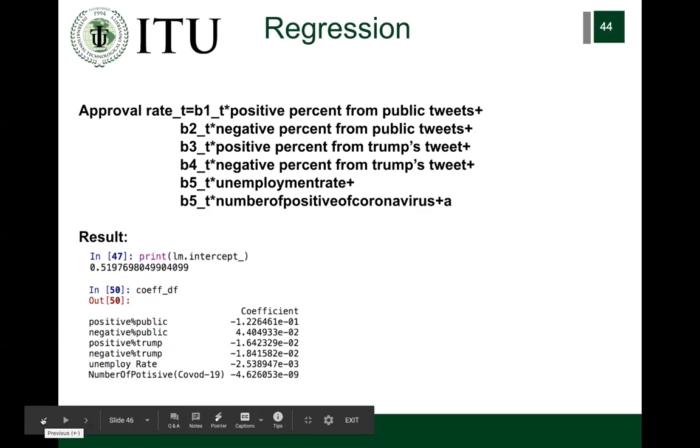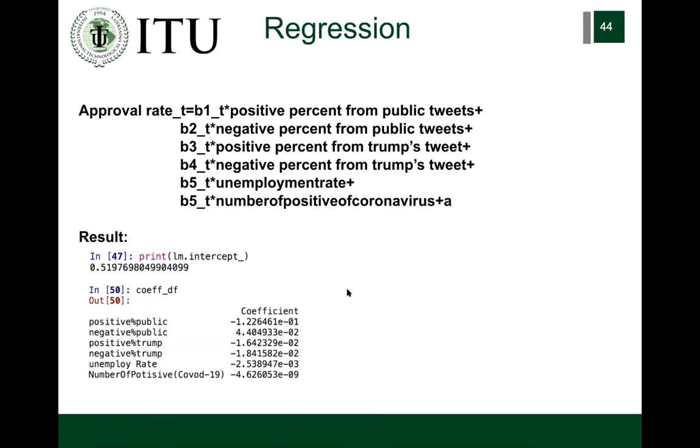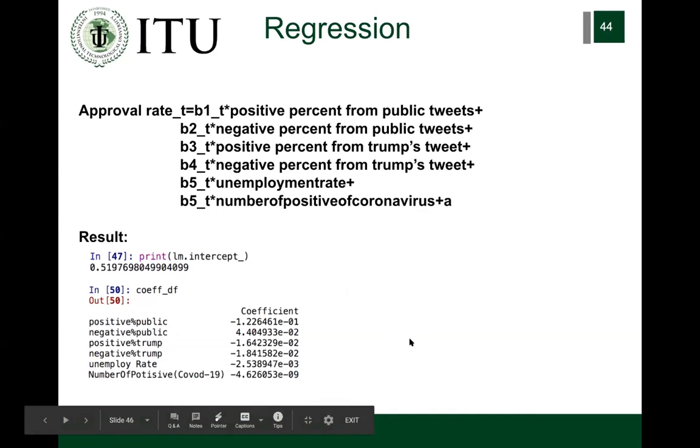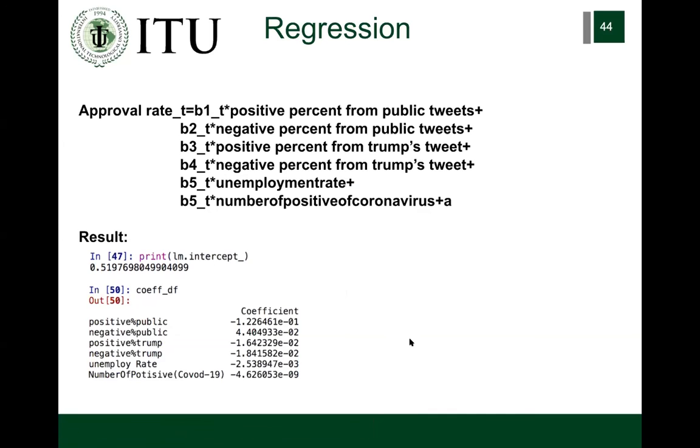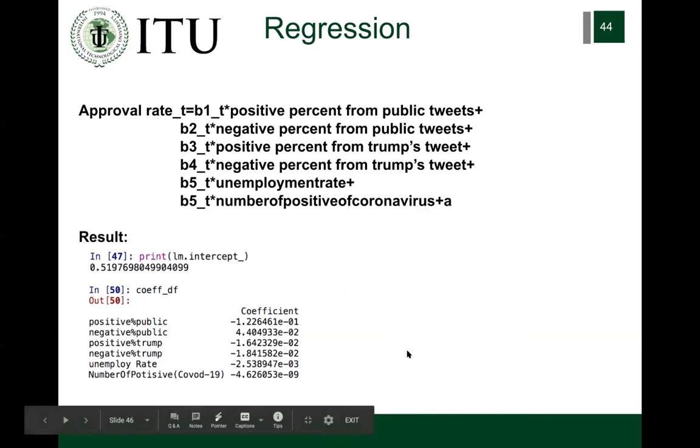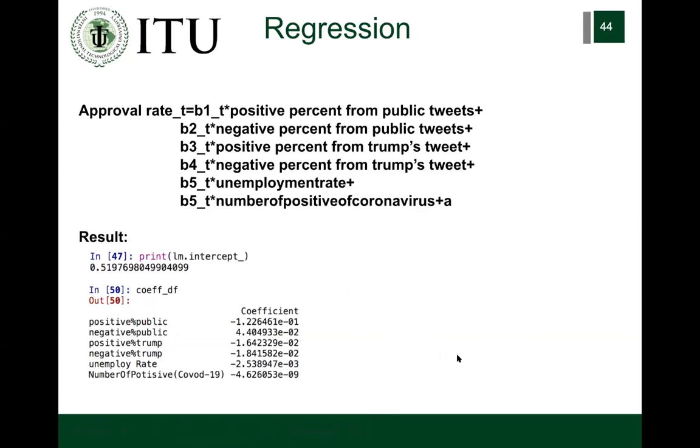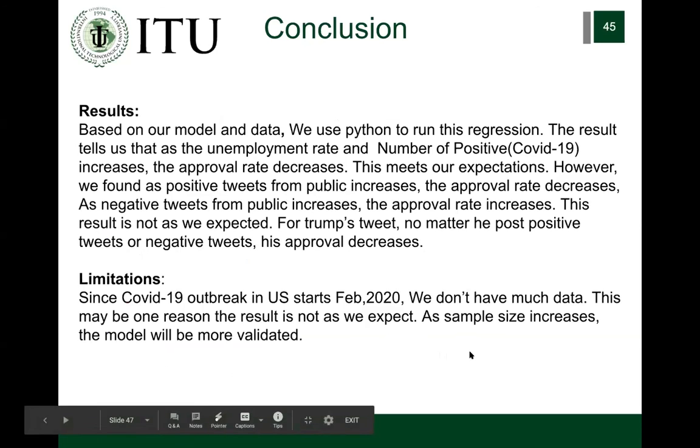And then I ran a regression to see how these variables affect the approval rate. This is my result. Based on our model and data, we used Python to run this regression. The result tells us that as the unemployment rate and the number of positive cases increased, the approval rate decreased. This meets our expectation.